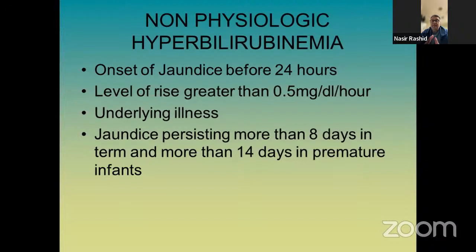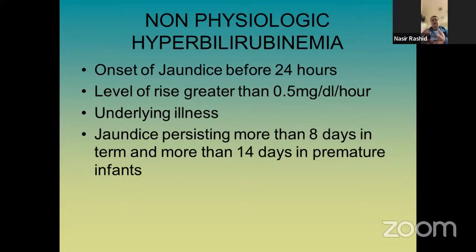If the infant has some underlying illness, and this concept is very important, a lot of the time we admit infants with sepsis, acidosis, or birth asphyxia, and they also have jaundice going on on the side. We are not paying attention to that because we are focused on the primary disease like sepsis or asphyxia. Sometimes jaundice is missed and the level keeps rising and crosses a threshold where it can cause brain damage and kernicterus.